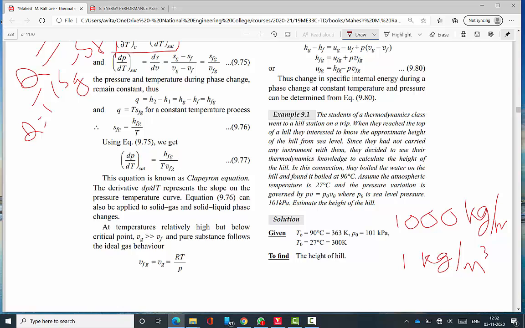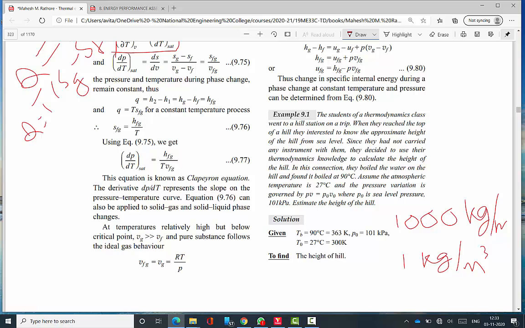Why? What does phase change mean? The intermolecular bonds are broken during the phase change process from solid to gas. From gas to solid, the intermolecular force attracts, but from solid to gaseous phase, the intermolecular bonds are continuously broken.